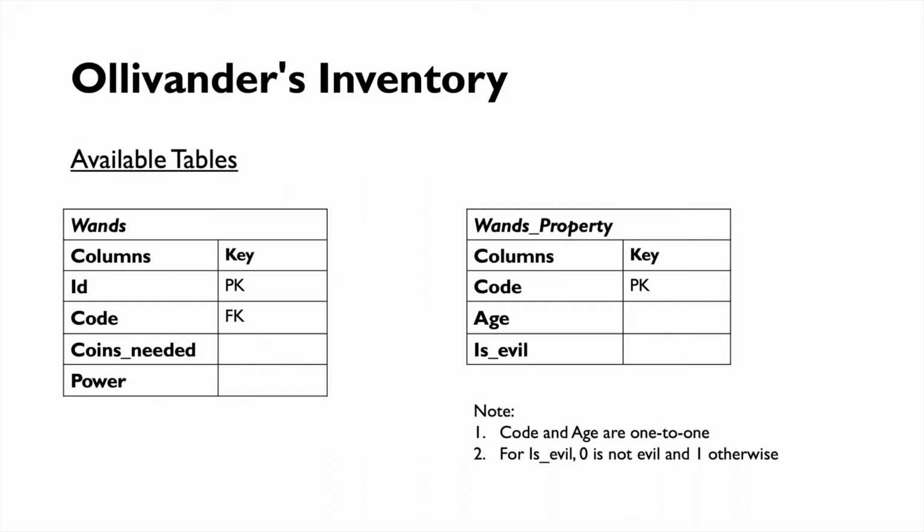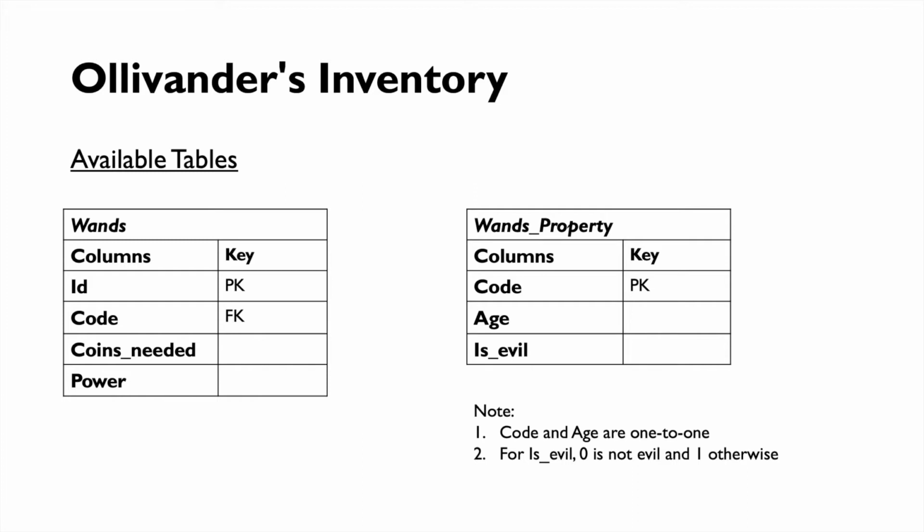On the other hand, there is another table called the Wands_Property table with 3 columns, including code, which is the primary key of this table, age, which is the age of the specific code of wand, as well as is_evil, which says whether this kind of wand is evil. We have to know that in this table, code and age are a one-to-one relationship, which means one code only has one age and vice versa.